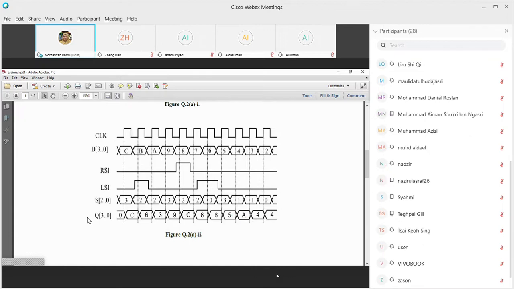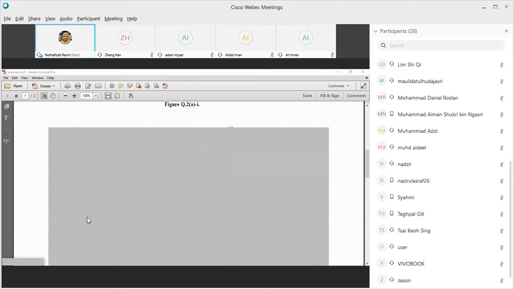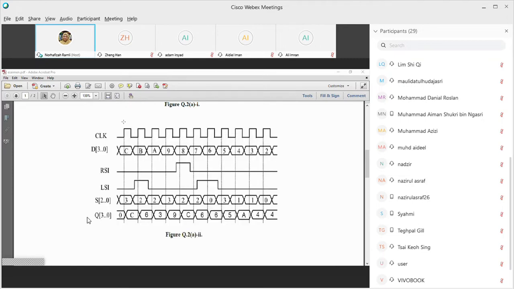Let me check. This is my marking scheme. Okay, this is for the one before. Is it the same? You know, I put it on top of yours. Okay, let me see. Yours has annotation.